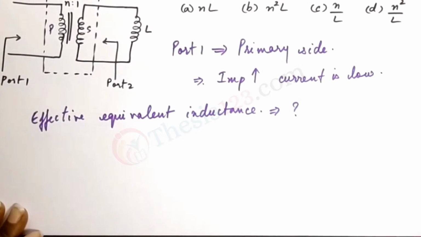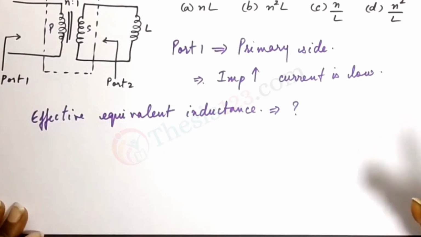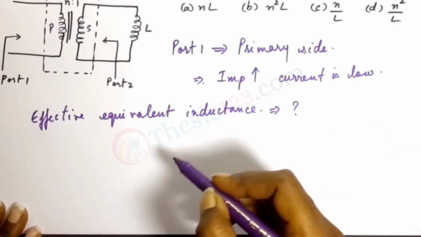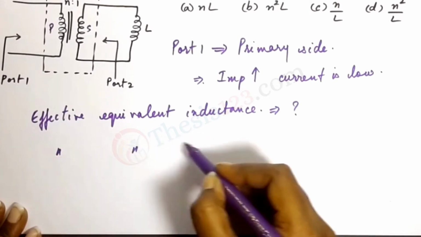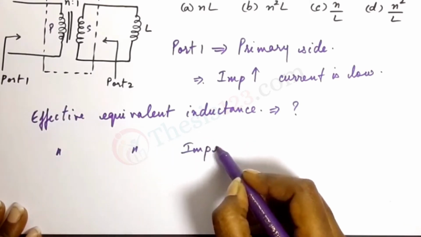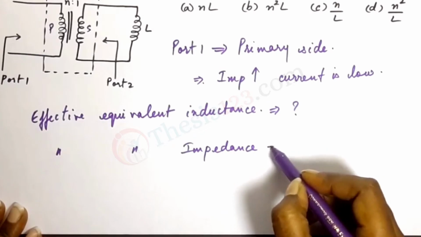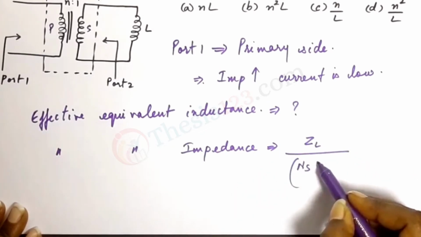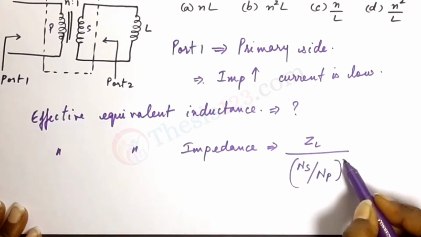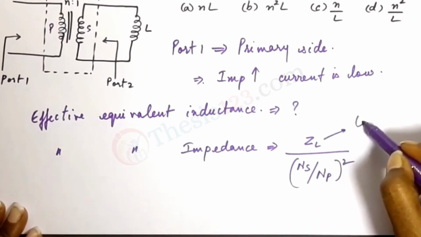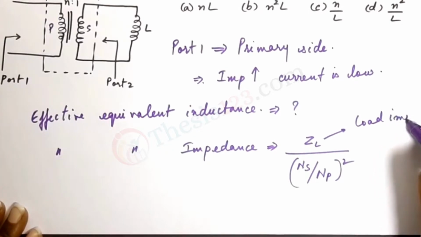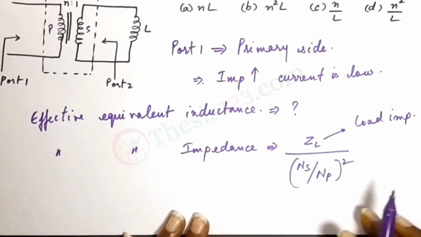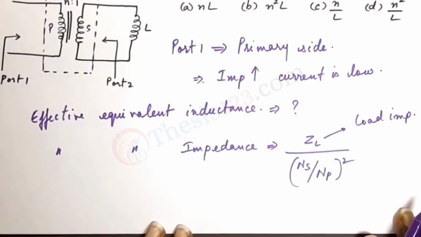If you recall, when the load element is shifted to the primary side, the effective equivalent impedance has a certain relation: ZL divided by (NS by NP) whole square. This is our load impedance, while these are the number of turns of the primary and secondary.